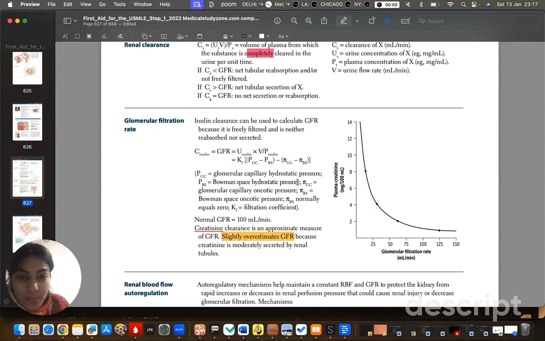And I read somewhere that it is supposed to be, oh yeah, so you have hydrostatic pressure, okay, minus the oncotic pressure of the negative of the difference of the glomerular capillaries and the Bowman space.